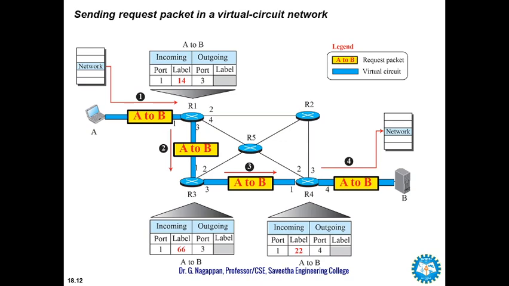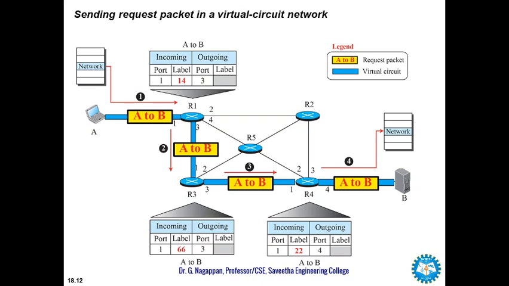When it is sent from the source, A sends a request packet to R1. R1 receives the packet, and it knows that a packet going from A to B goes out through port 3. How the router has obtained this information is a point to be covered later. For this moment, assume that it knows the output port.